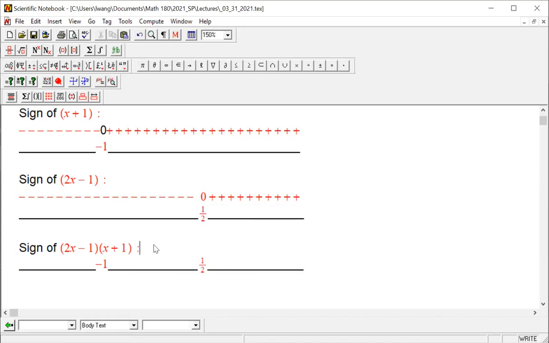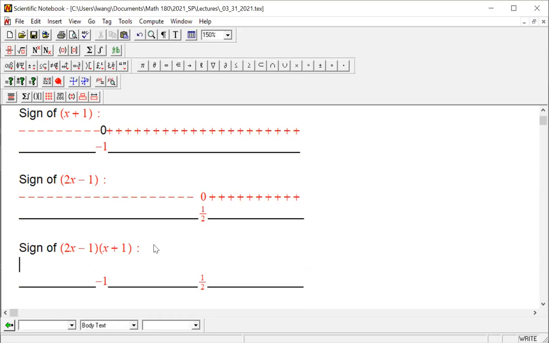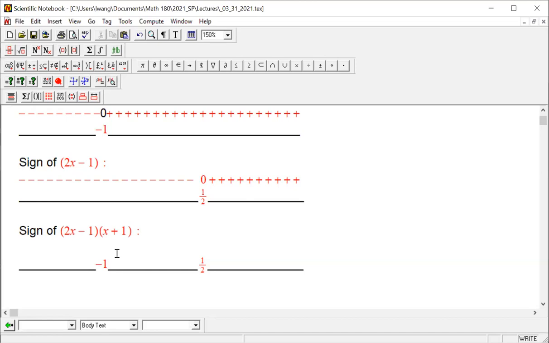Do you guys still understand the meaning? You understand the number line, right? On this number line, you pick a number from here arbitrarily, pick a number from here arbitrarily, and pick a number from here arbitrarily. You can pick many numbers from each interval.